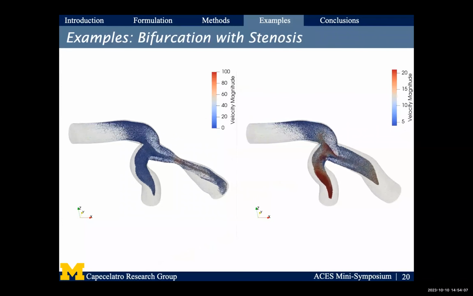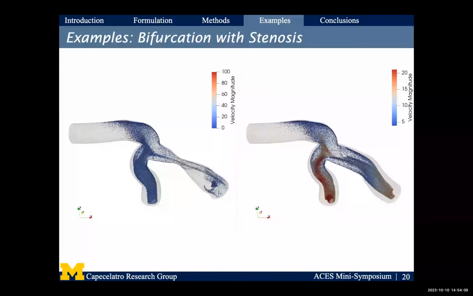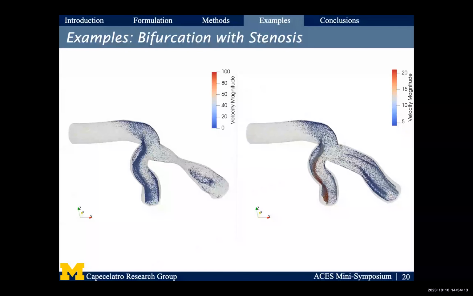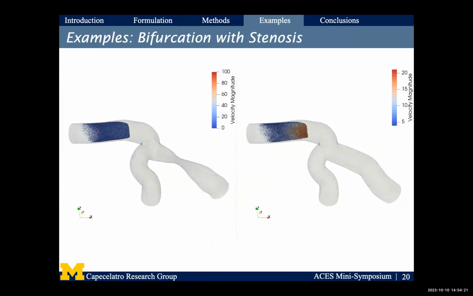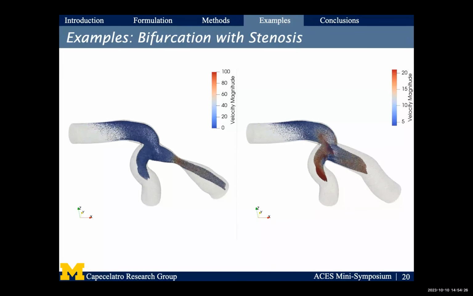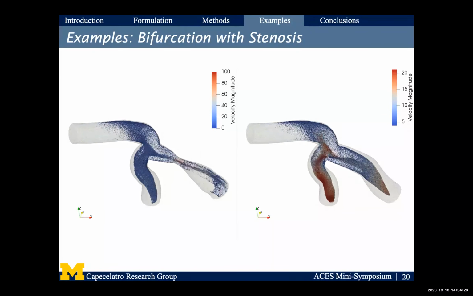You can see here, there's a constriction in the geometry, and with the presence of the particles, the flow accelerates, both due to the constriction, but also due to the fact that we have high loading of particles, and you get this recirculation, the fluid velocities change, the local pressure changes. So we could start to look at interesting applications and the effect that particles have.